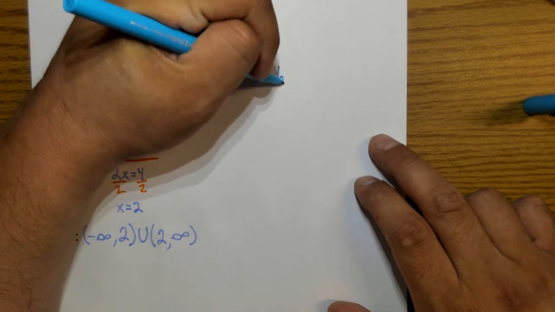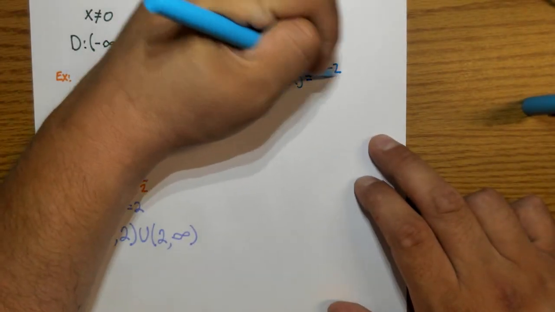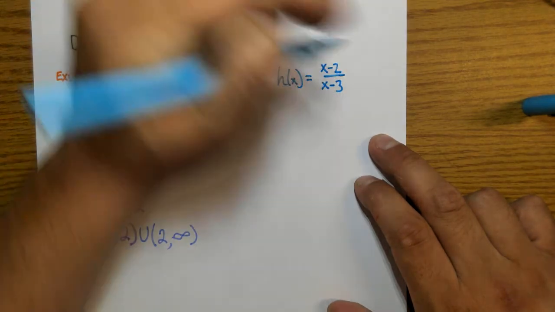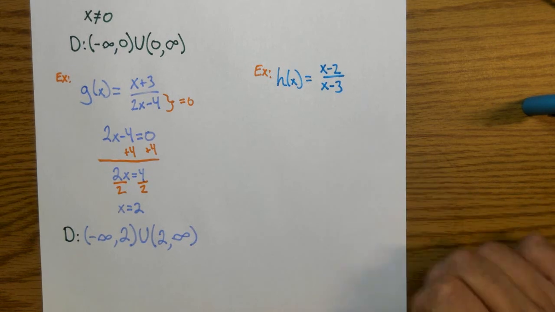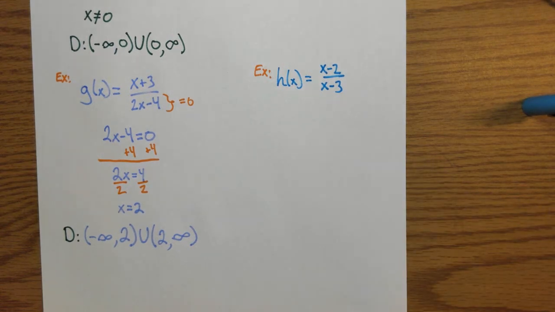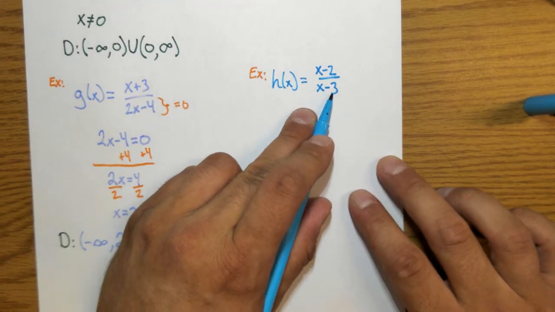Okay, h of x is equal to x minus 2 over x minus 3. So again, we want to know what value that we plug in for x gives us a 0 in the denominator. In this case, you can probably see it's just 3. 3 minus 3 is going to give me 0.